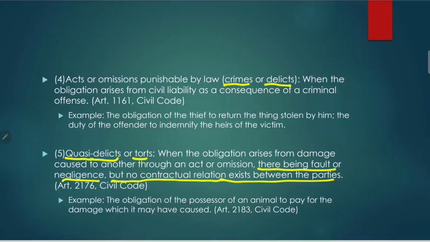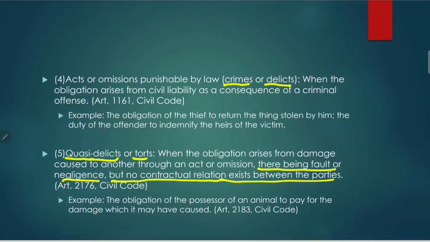Walang contractual relation yung parties before the commission of such act or omission. Example po nito para mas maintindihan natin is the obligation of the possessor of an animal to pay for the damage which it may have caused.